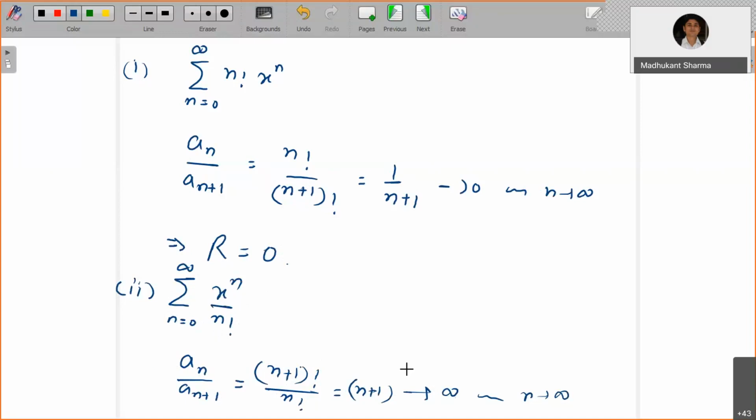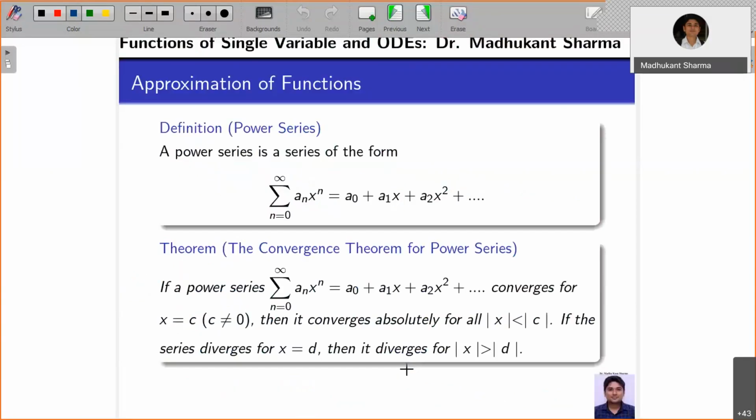Now, another important result related to the convergence of power series is as follows. If a power series is convergent for x equals c, suppose at x equals c it converges and c is non-zero, then you can certainly show that it converges absolutely for all mod x less than mod c.